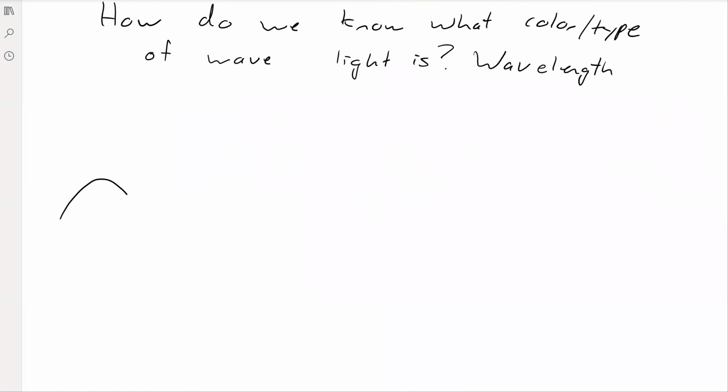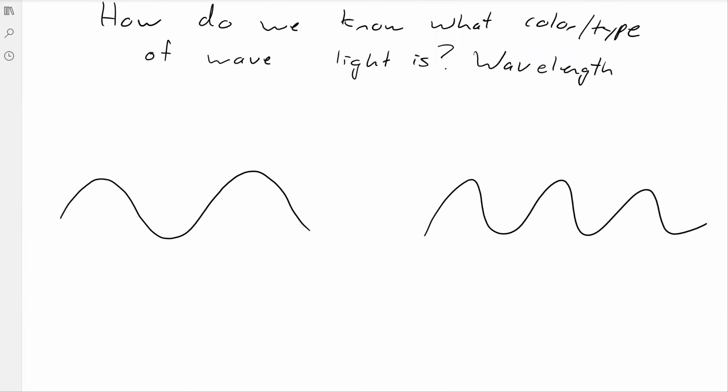So for example, if we have this wave right here, and then this wave right here, right, they're two different waves. Over here, we have the wavelength, which is the distance from the peak to the other peak. So it gets the symbol lambda, and then this is the wavelength. And then the wavelength over here for this wave would be right there.